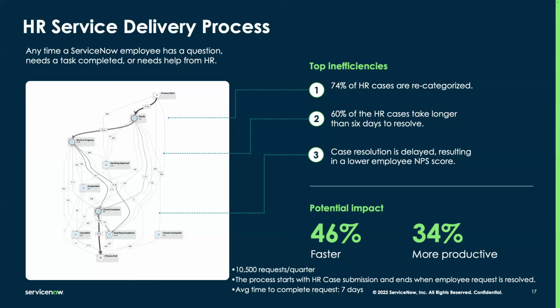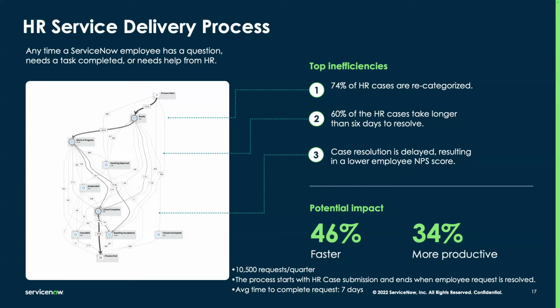That back and forth and back and forth is going to delay your cases. That's going to result in lower scores. If there's lack of clarity anywhere along this process, that could delay your case and could result in a lower score, or maybe the employee who opened the case doesn't feel like their case was resolved.